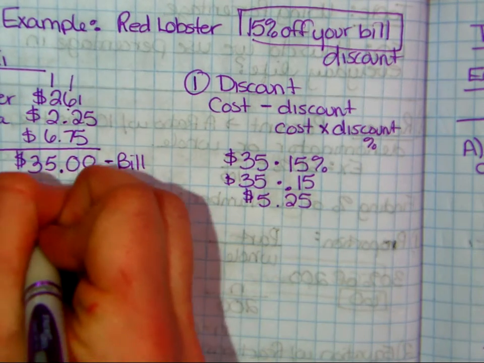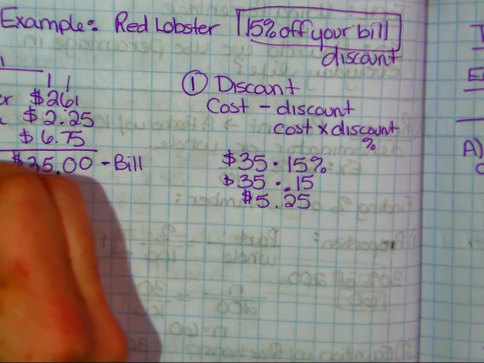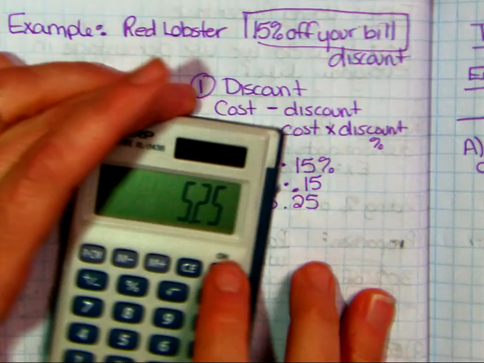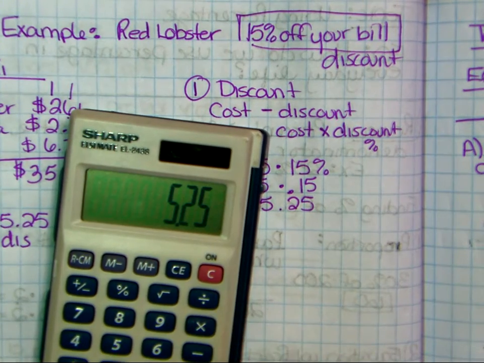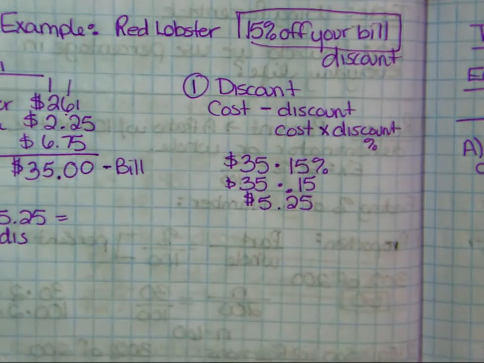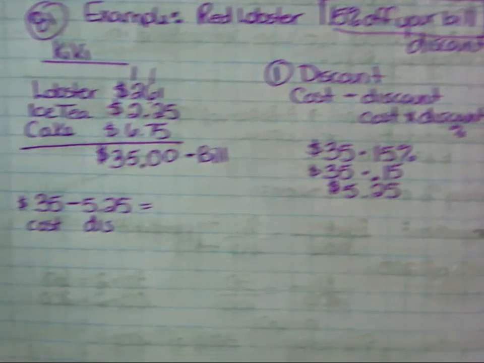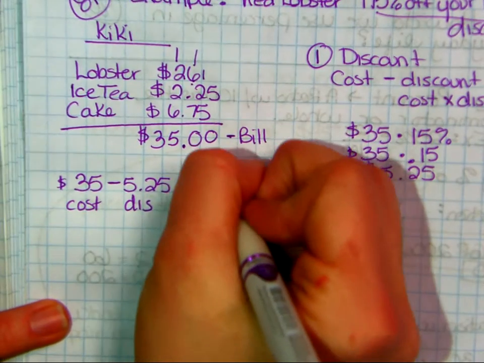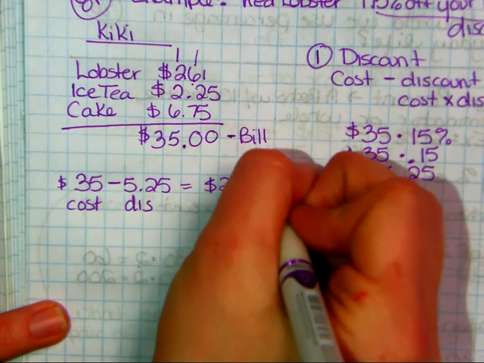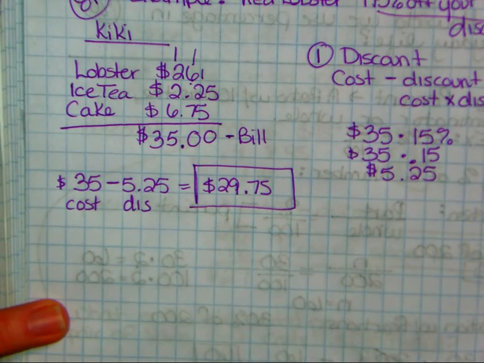So this is the discount, this is the cost, and I get $35 minus $5.25 equals $29.75. Is that better? Okay, sorry. So that is your food cost.